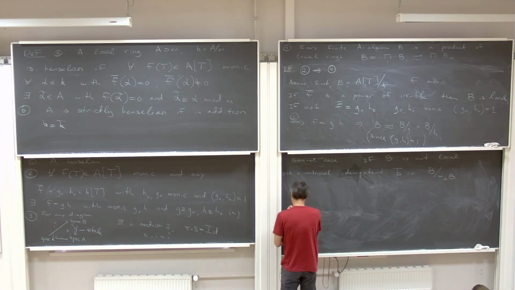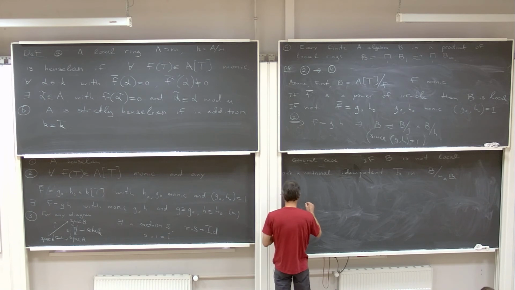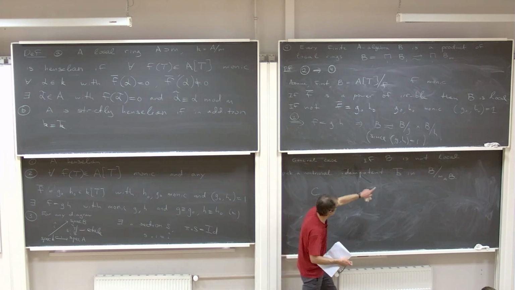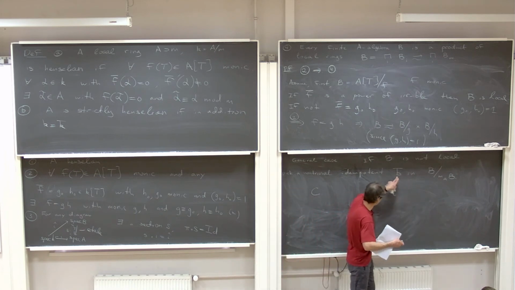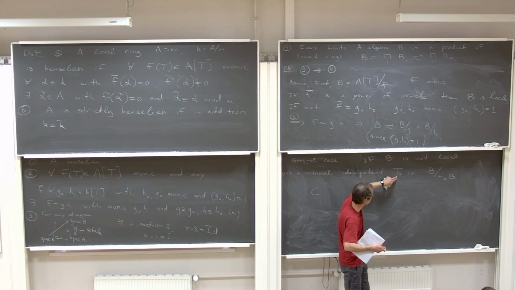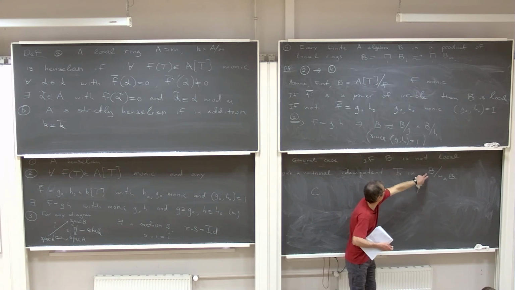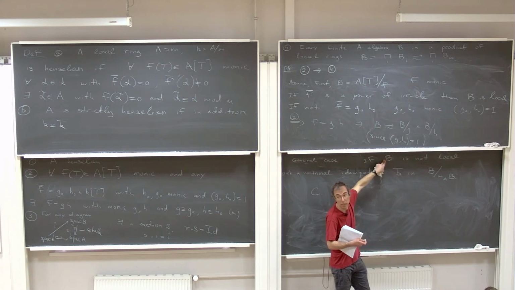And then we can pick any preimage of this B bar in B. So our goal is to show that this idempotent can be lifted to an idempotent in B.